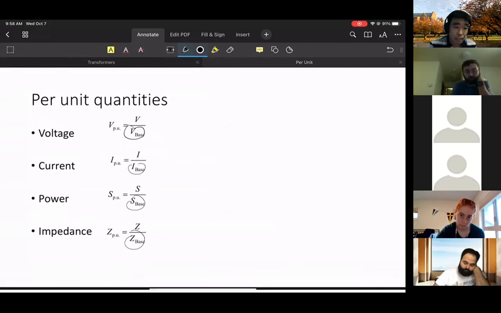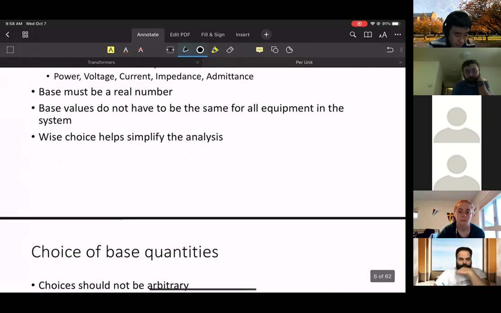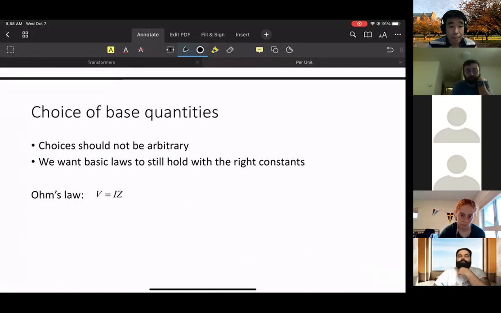Okay, so there's a systematic way of doing this. How do we choose base units? Again, the choice should not be arbitrary. We know V equals I times impedance. So we should choose the base units in a consistent manner. We have Ohm's law, so we should choose them in such a way that the base voltage is equal to the base current times the base impedance.